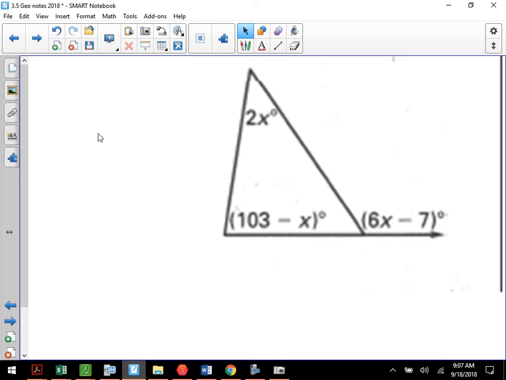The exterior angle has to add up to equal what two angles? The two it doesn't touch. The outside angle always adds up to equal the two that don't touch. So you set it up. We use exterior angles pretty regularly throughout the year.